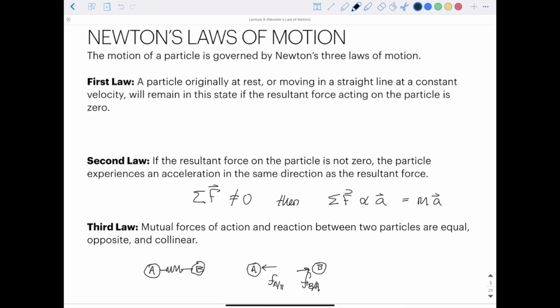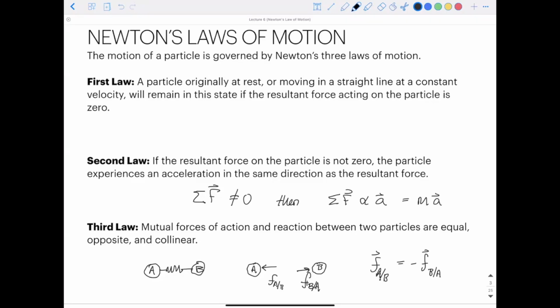So this just says that FAB is equal in magnitude and opposite in direction, so it's equal to negative FBA.